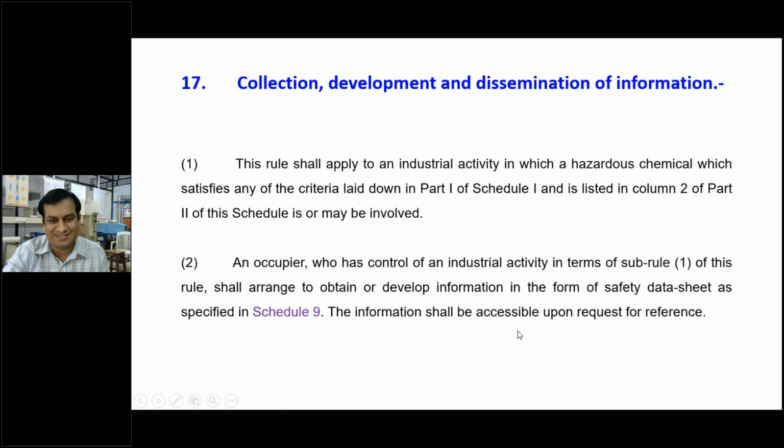The information shall be accessible upon request of reference. So the guidelines are given under this schedule 9, but in the factory, for understanding this safety data sheet in a simple manner, you have to convert these safety data sheet parameters into the local language or the Hindi language, to be understood by each and every worker.